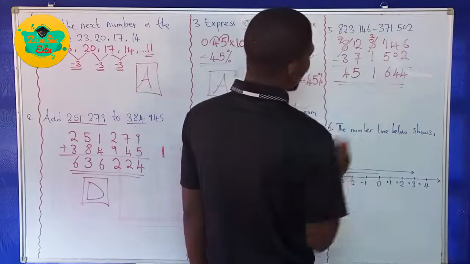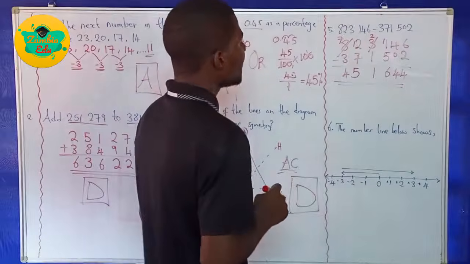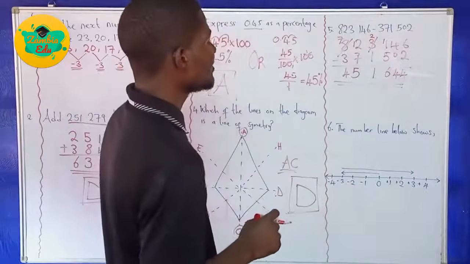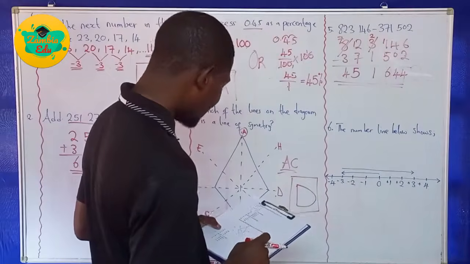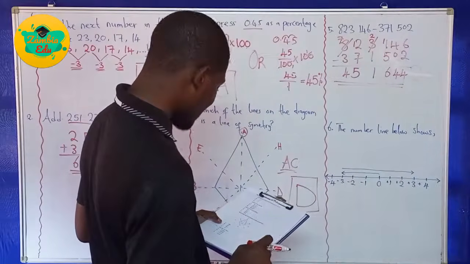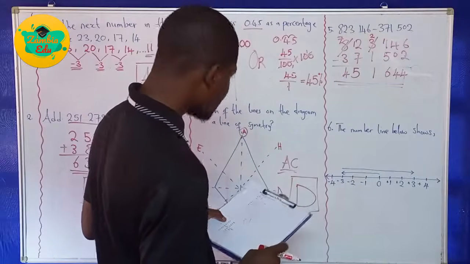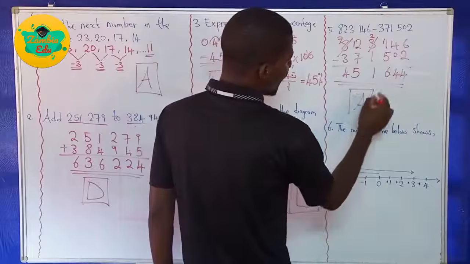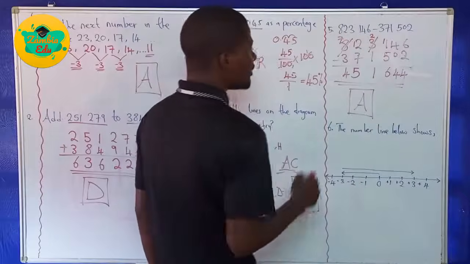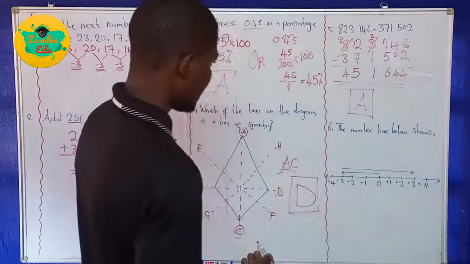And you have your answer, 451,644. And the answer 451,644 was represented as option A. So our answer for question 5 was A.